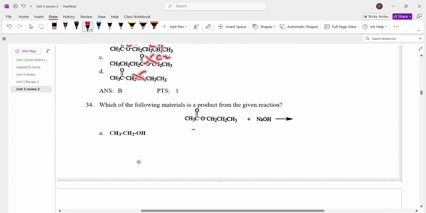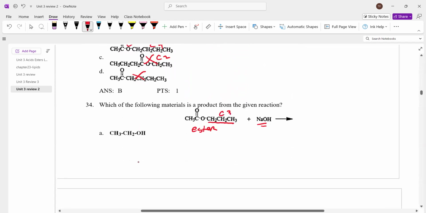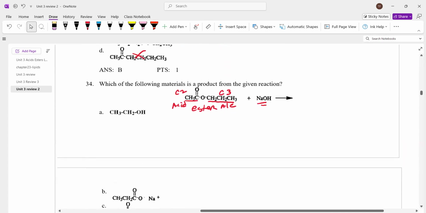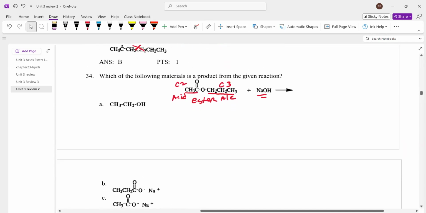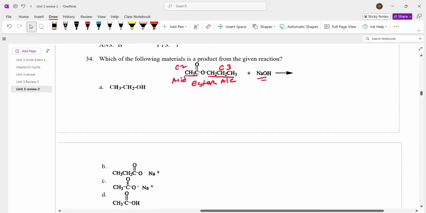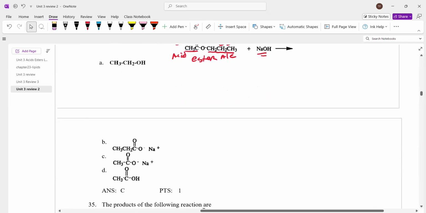Okay, it's an ester. I'm going to saponify it. Saponification gives us the alcohol and a 2 carbon acid. Okay. So we need a 2 carbon acid.